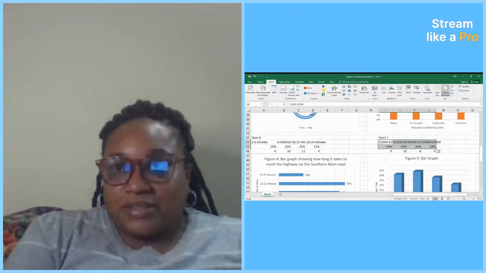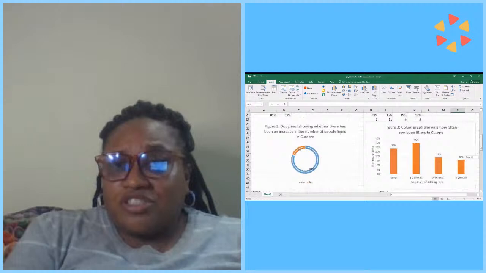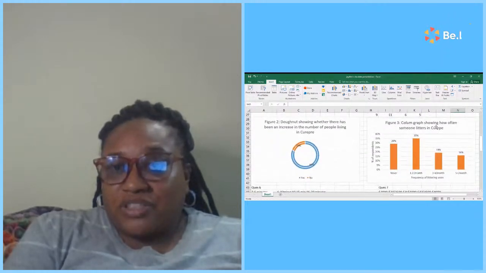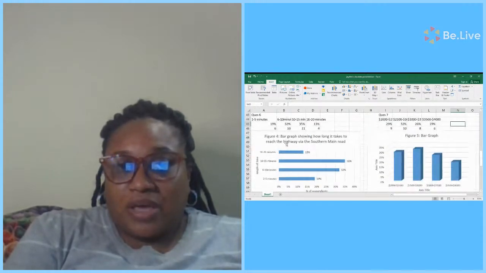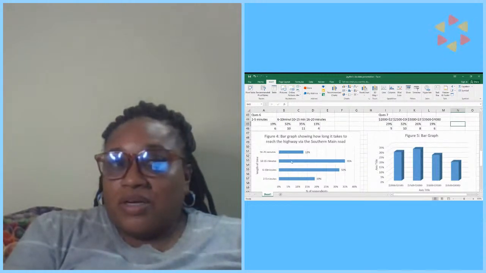Select and then insert. All of your charts should be labeled properly. So you'd see here, this is a column graph showing figure 3. This one is a bar graph showing, and then you describe what it is. You all good with that?